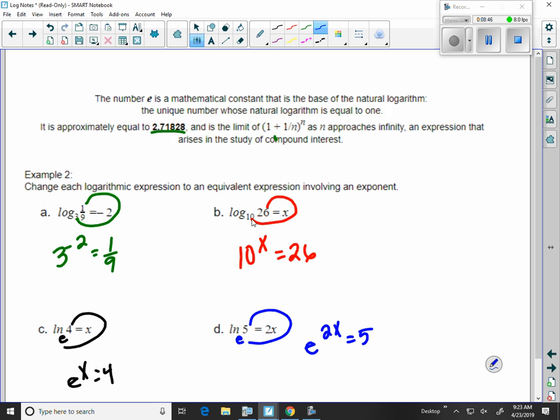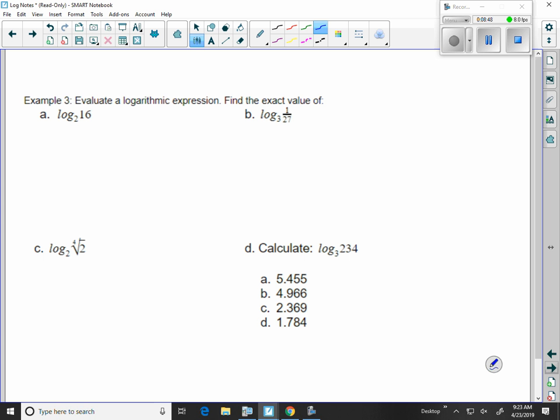Okay. So now we're going to do a little bit of simple solving. Tomorrow will be our bigger day of solving, but I want to get our feet wet with this. If we look up here, it says evaluate the log expression and find the exact value. You're going to be solving for the variable, but there isn't one.